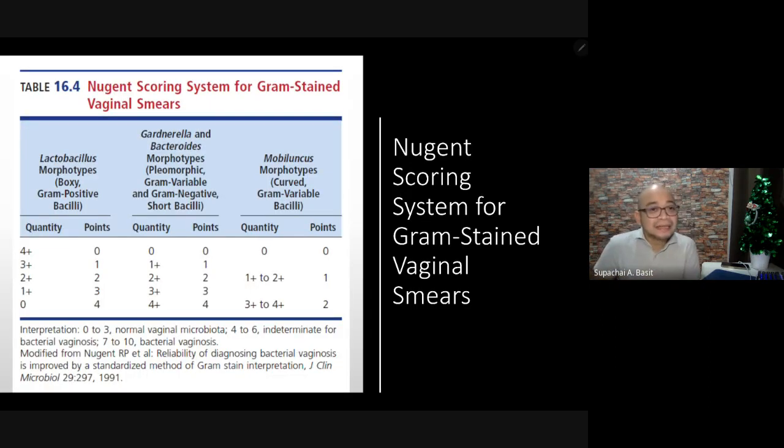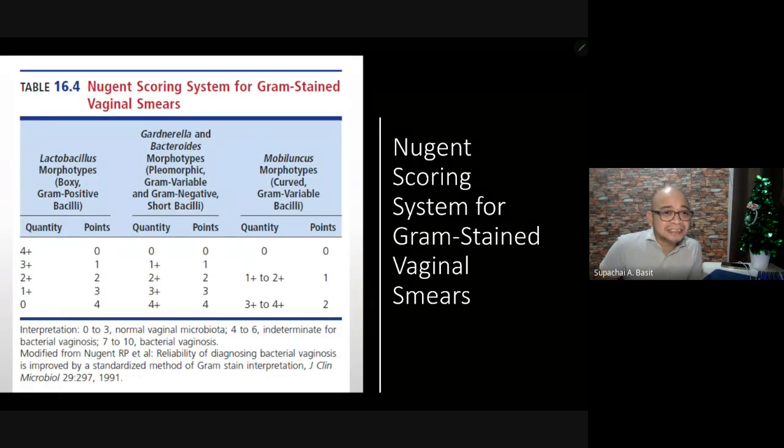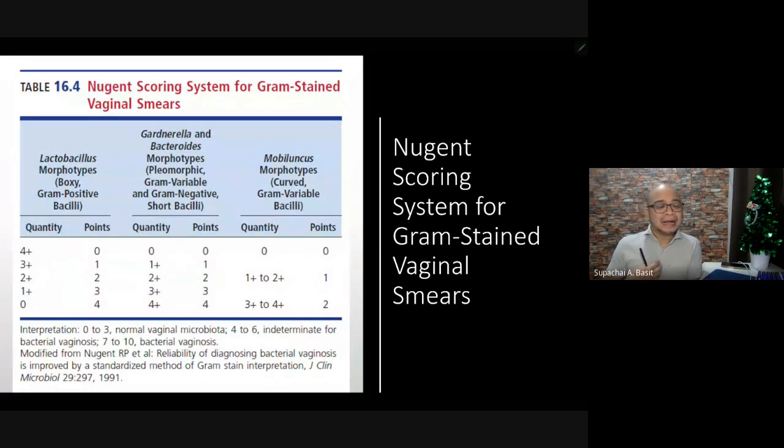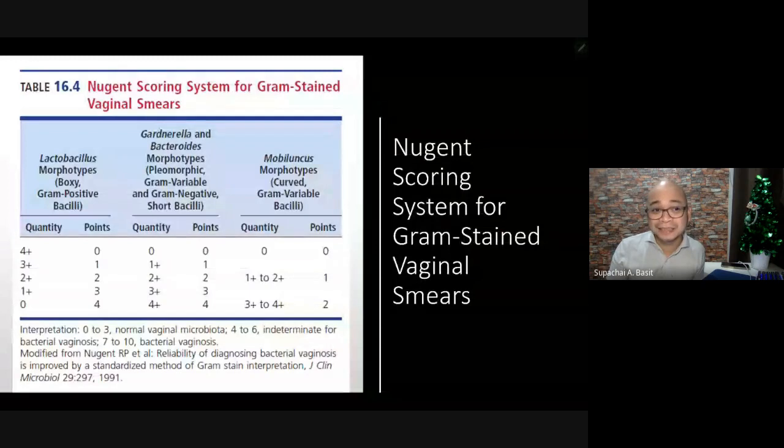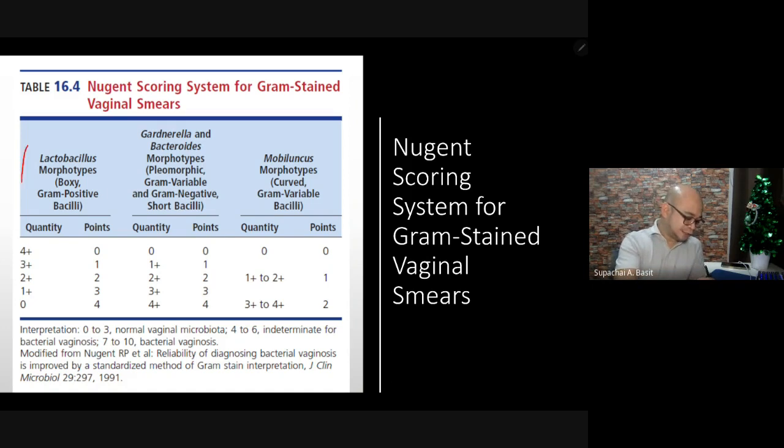Okay, so this is the Nugent scoring system for Gram-stained vaginal smear. So what does it mean? This will interpret whether the vaginal smear would have the normal flora or pathogenic bacteria. What we need to have is, of course, the Lactobacillus.